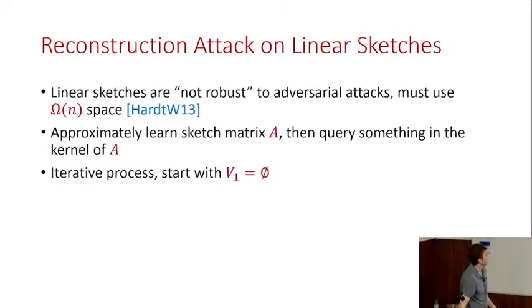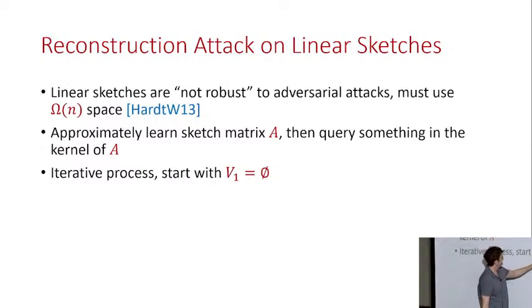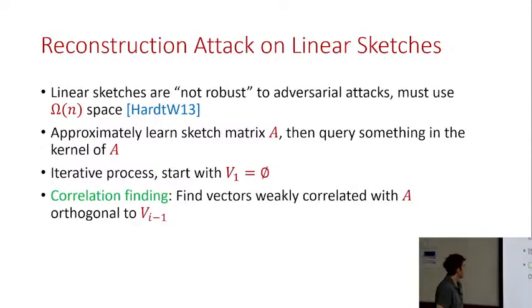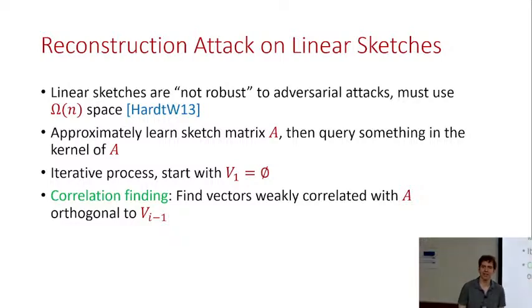How does it do that? It's an iterative process. It starts with, let's call it subspace V1, the empty space. It knows nothing about the sketching matrix. And it queries a bunch of vectors, I'll describe a little bit more on the next slide, but a bunch of random Gaussian vectors of different variances.